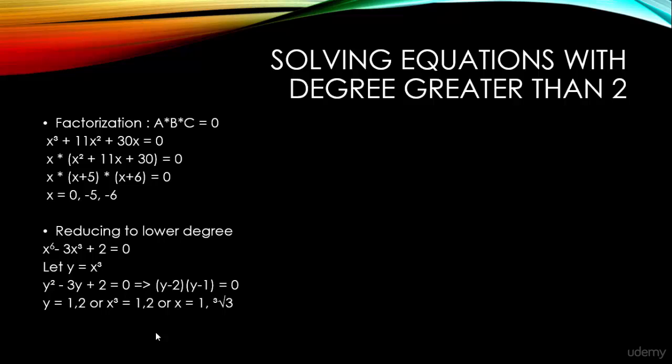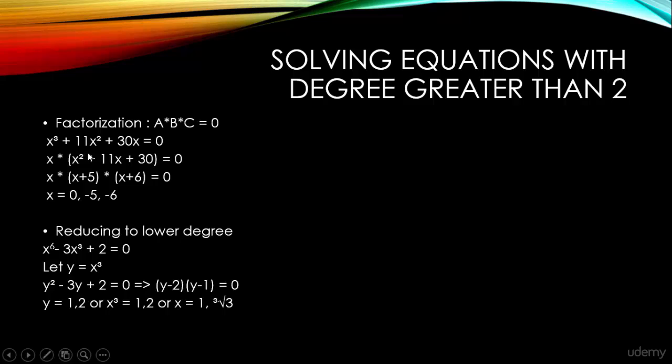Though there is no general rule to do this, generally a knowledge of algebraic identities helps. The basic idea is that if you can write an equation in the form a into b into c is equal to 0, where each of a, b, c are algebraic expressions. Once this is done, the solution is obtained by equating each of a, b, c to 0 one by one.